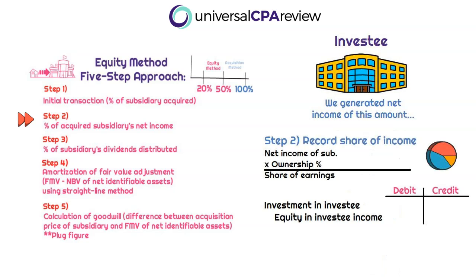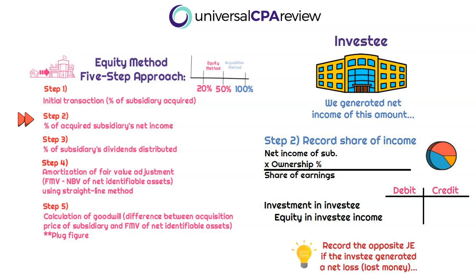Right? So when we think about recording a share of net income for this step 2, well, if that's the case, we would increase our carrying value of the investment on the balance sheet by debiting investment in investee and then crediting equity in earnings income. Right? So this is sort of like just another gain that would go on to the income statement. It's the share of income that we're going to recognize in the income statement related to this investment.